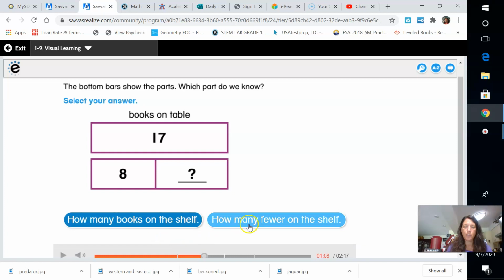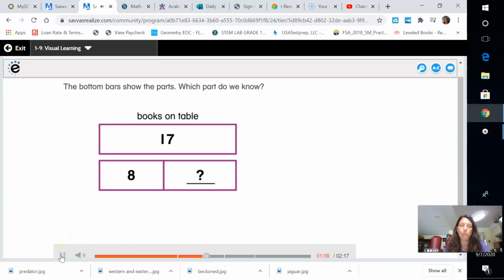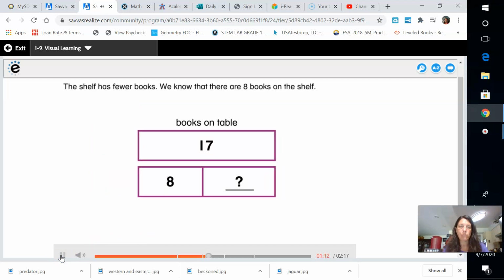Do we know how many fewer are on the shelf, or do we know how many books are on the shelf? Well, we know these are on the table and these are on the shelf, so they told us how many books are on the shelf. The shelf has fewer books. We know that there are 8 books on the shelf.